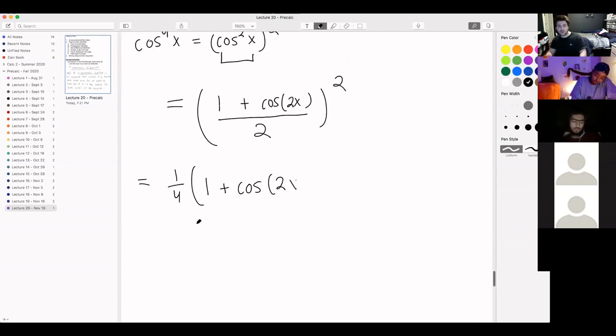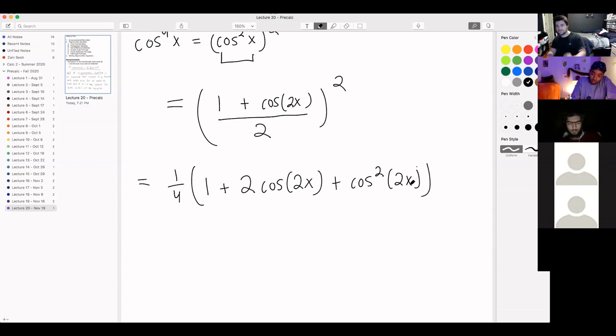So this is now 1/4 times 1 plus... okay, the 1/2 squared came out in front. Now I just need to square the numerator. If I square the numerator, I get 1 plus 2 cosine of 2x plus cosine squared of 2x.